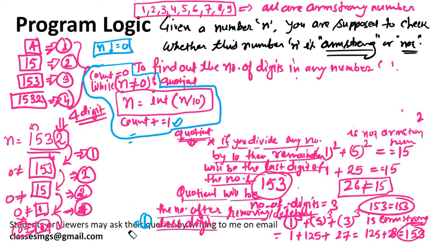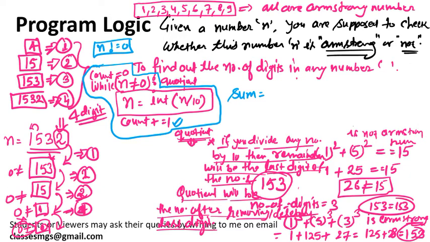For that purpose we need to work out this formula. You need to calculate the sum of all the digits, each raised to the power of the number of digits. Let's forget the mathematics.